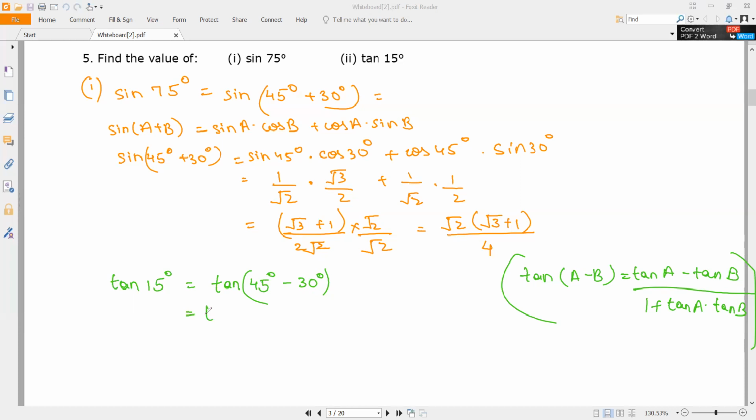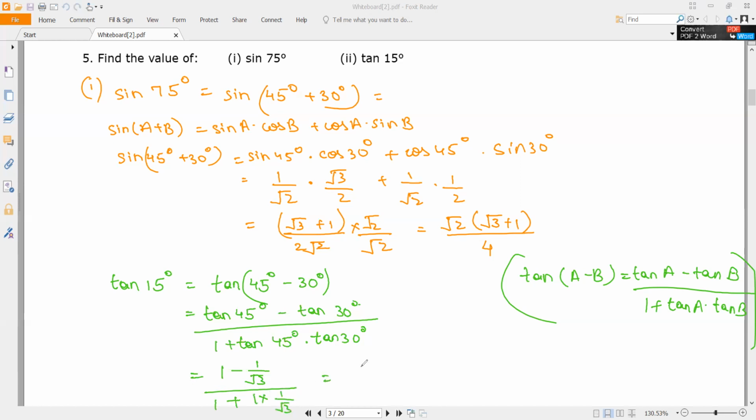So we can write this as tan 45 degree minus tan 30 degree upon 1 plus tan 45 degree into tan 30 degree. Tan 45 degree is 1, tan 30 degree is 1 upon root 3. So this is 1 minus 1 upon root 3 upon 1 plus 1 into 1 by root 3.